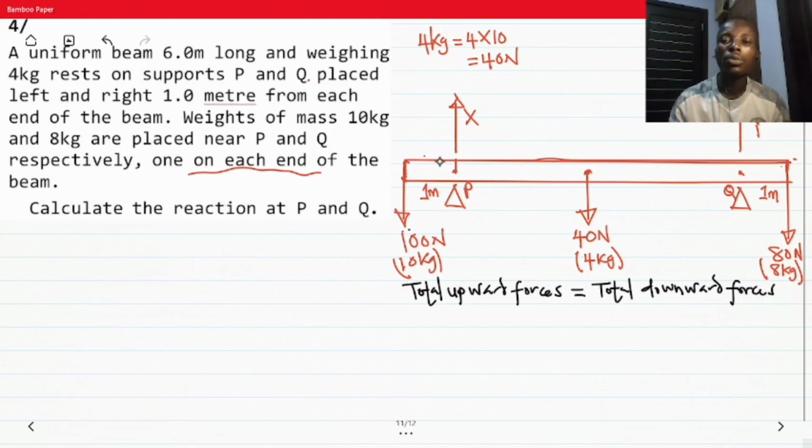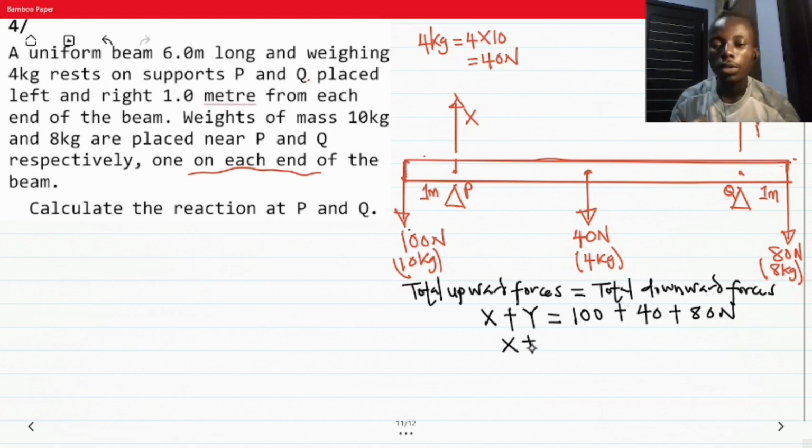So we have 2 upward forces, that's X and Y. It must be equal to the downward forces, which is 100 plus 40 plus 80 Newton. So here we go, we have X plus Y equals, this will give us 140, this will give us 220 Newton. So we keep that as equation 1.